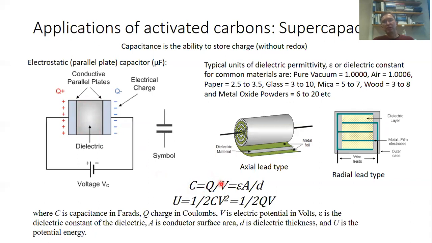Okay, so basically the more charges that we can accumulate for a given voltage, the higher our ability to store charge is, and the higher the capacitance is. So the capacitance is therefore proportional to the number of charges for a given voltage, which is proportional to the dielectric constant of the dielectric.